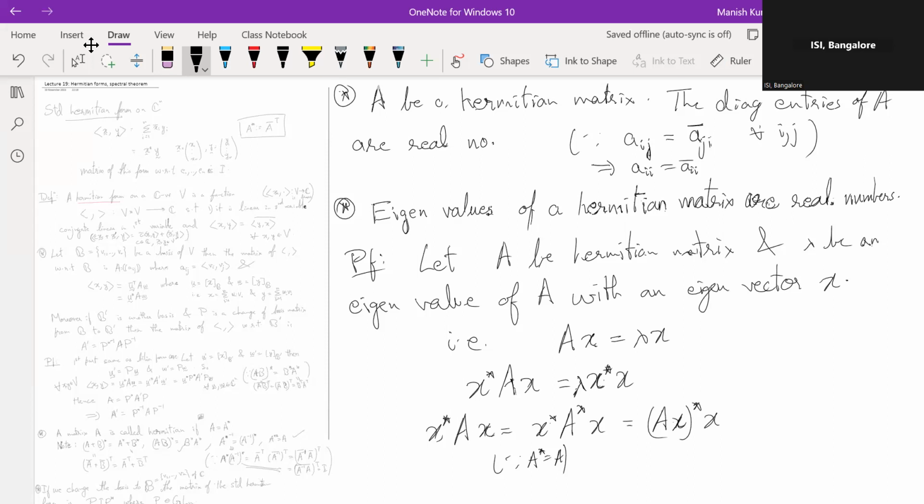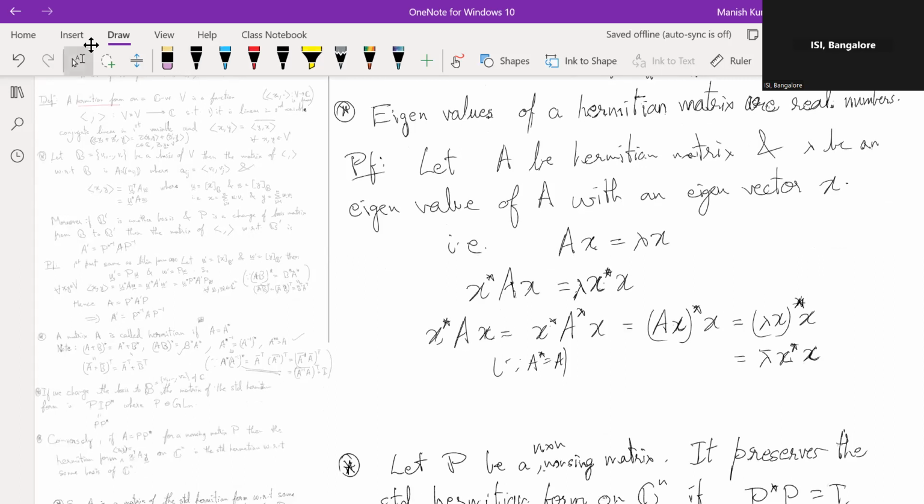But Ax is the same as lambda x, so this is (lambda x) whole star x. And what is (lambda x) star? It's lambda bar x star, because lambda is just a scalar, so you have to conjugate all the entries of lambda x, which is the same as multiplying by the conjugate of lambda. So we get lambda bar times x star x.